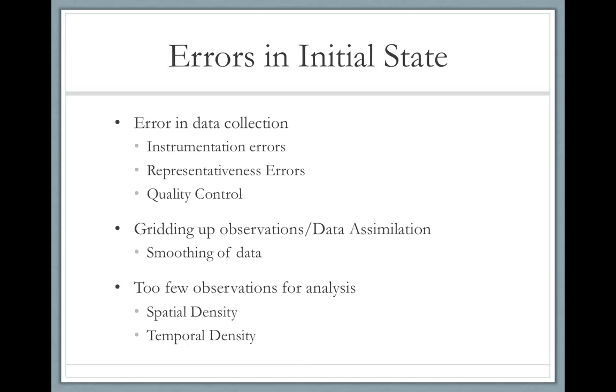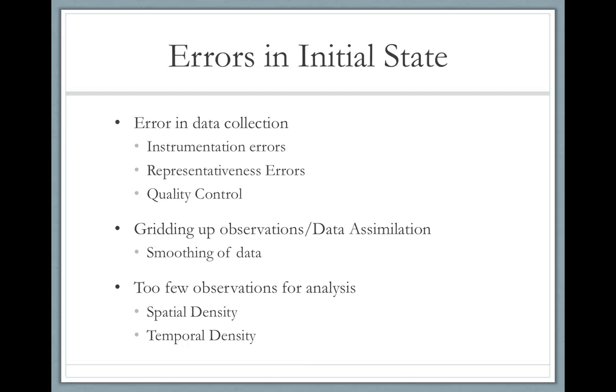We don't have observations across the entire globe enough to fill a 4-kilometer grid, so we have representativeness errors. Right? Do we represent every valley or every ridge accurately with our temperatures with instruments? Of course not. And then, of course, instrumentation can fail. Data transmission can fail. And so we have quality control issues that we need to account for that can also introduce errors into our initial state.